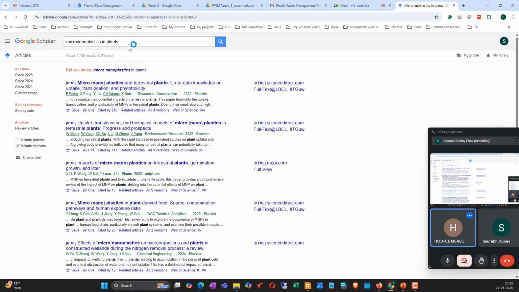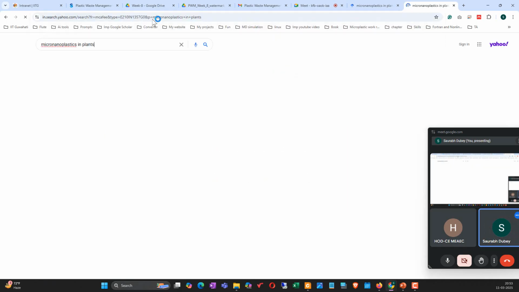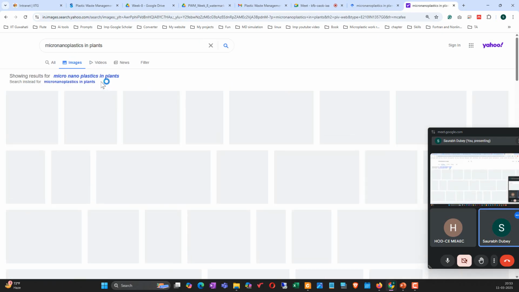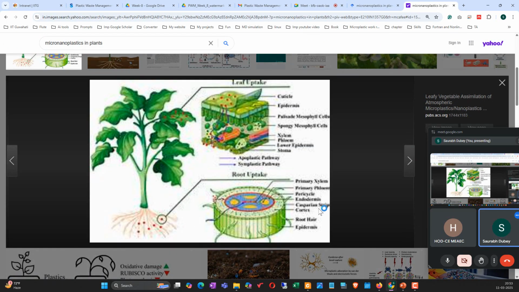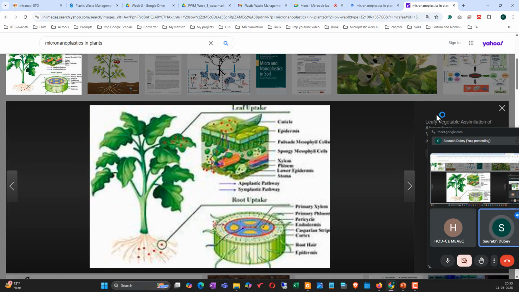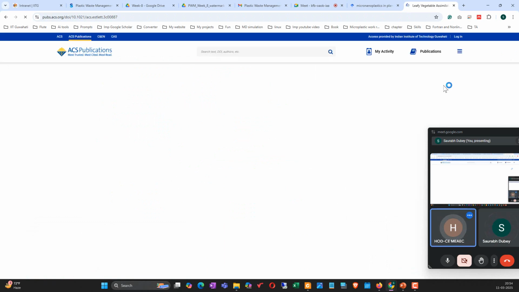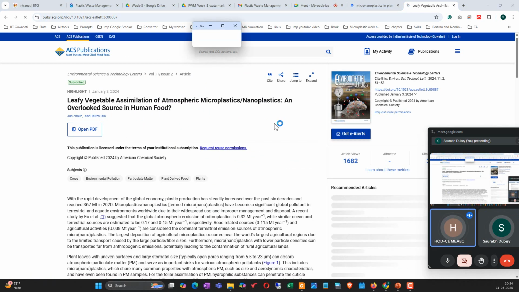I can see the images. So yes, this one. Let me get closer. How does it get into the leaves? Actually, from the air, ma'am. It is there in the environment. It's from the air only.